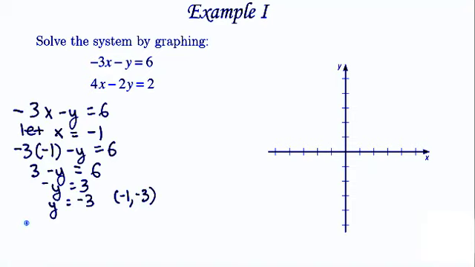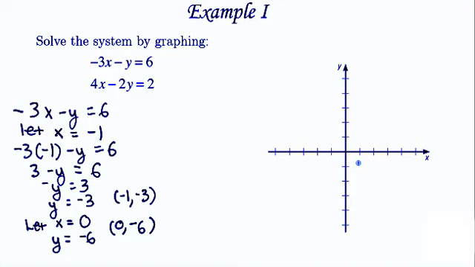For the second point, I'm going to go ahead and let x equal 0. And I'm not going to do all the math out, but if you do insert 0 in place of the x, what you'll find is that y is going to equal -6. What I have now are 2 points, and that means that I can graph this line.